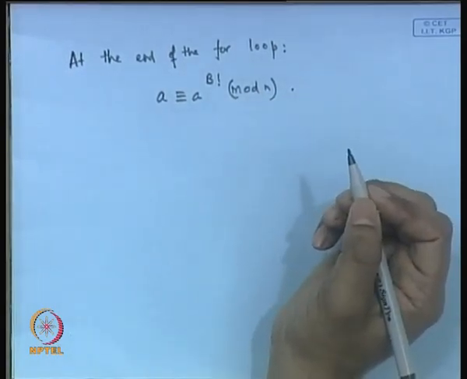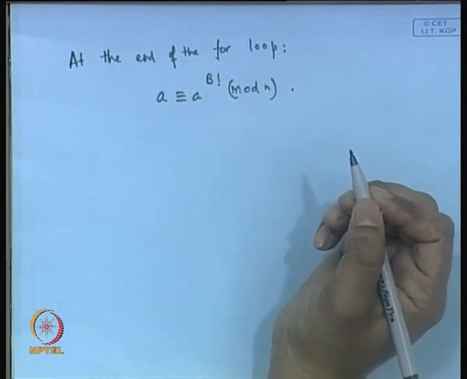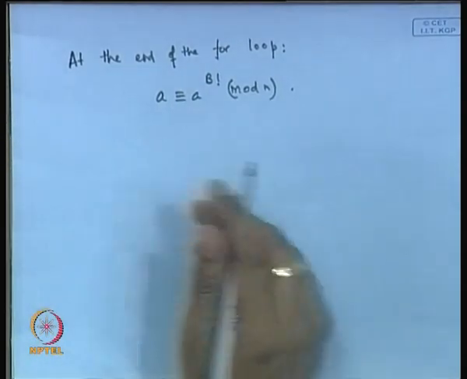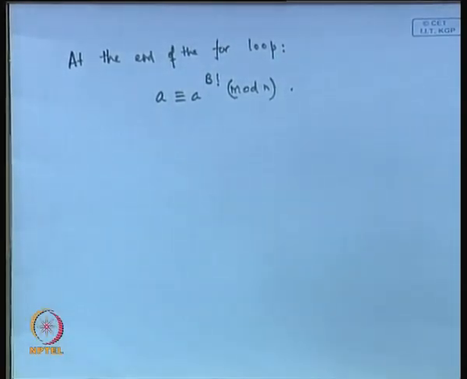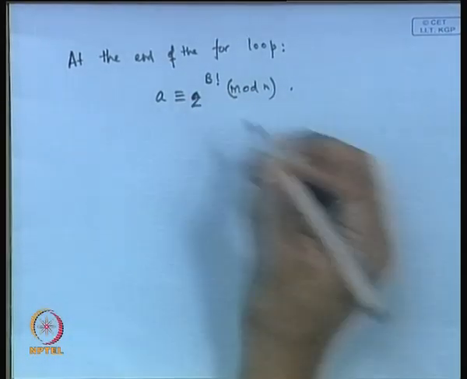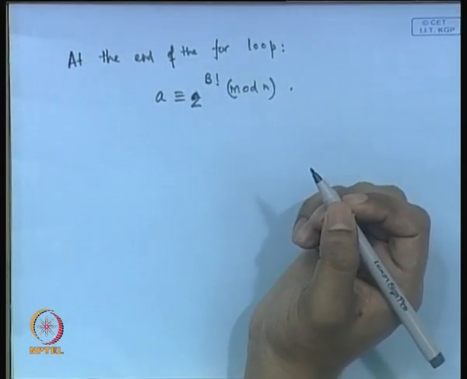Okay. So, now you observe another property. At the end of the for loop, you have a congruent to 2 to the power of b factorial, because you started with a equal to 2, right. So, therefore, I can say that a is equal to 2 to the power of b factorial mod n.